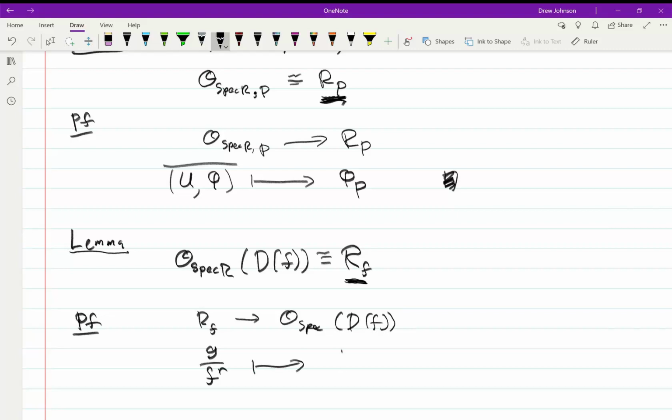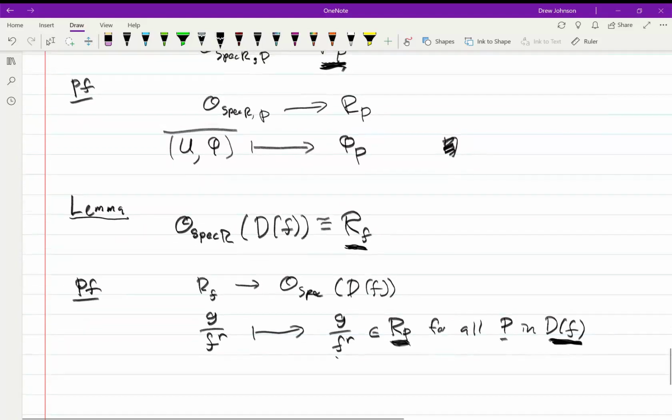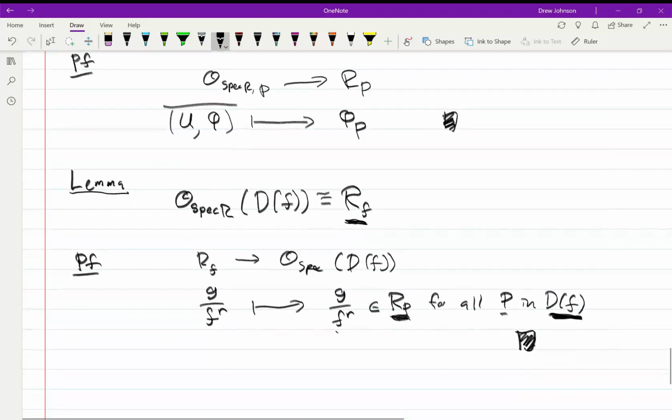Well, we can just map it to g over f^r in R_P for all P in D(f). And the point is this element makes sense as an element of the localization R_P for any P in D(f). The condition that P is in D(f) is exactly the same as saying that f is invertible in R_P. So that makes sense. Now you just have to check that that's an isomorphism. That takes a little bit of work, so I won't try and write that down here.